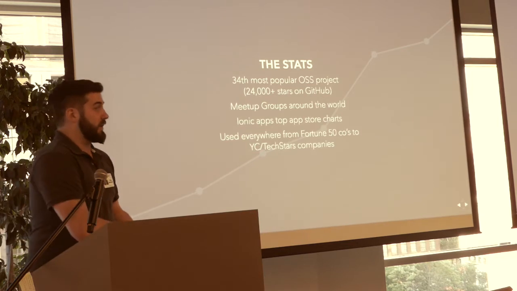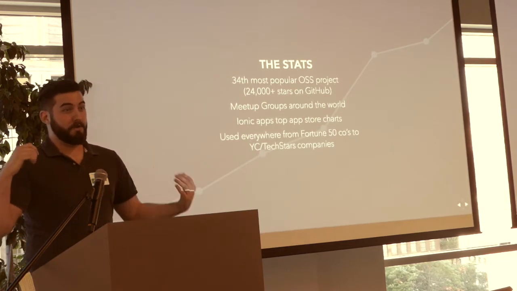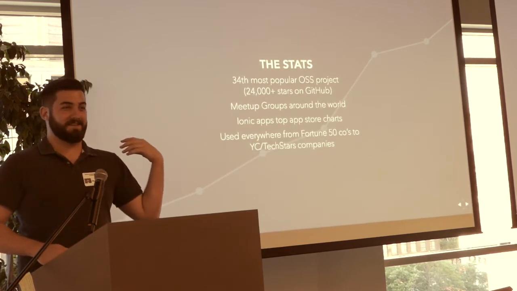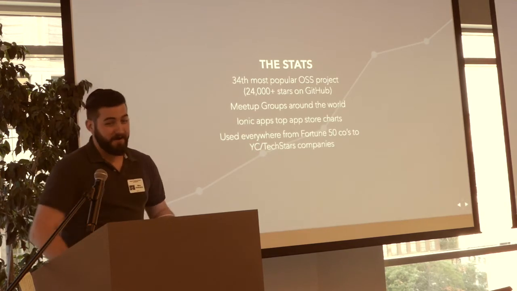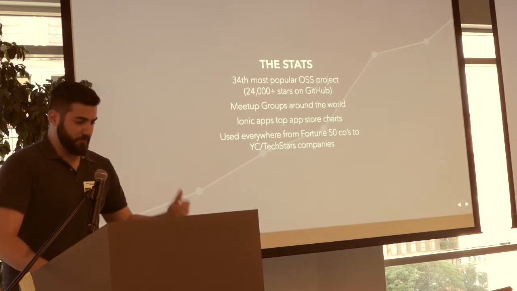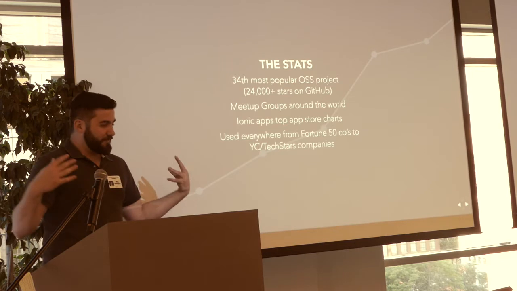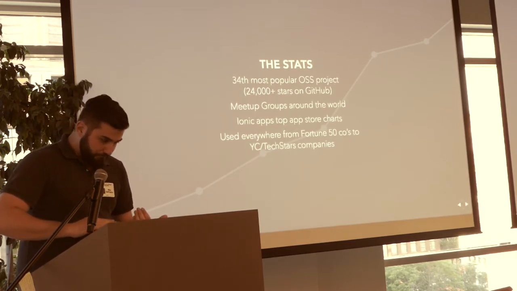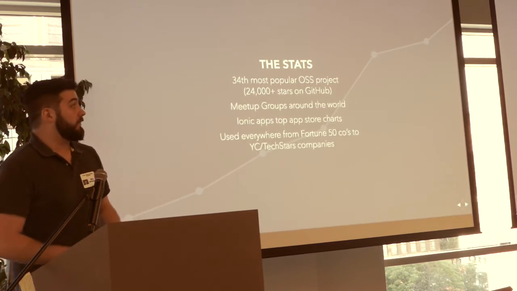We have an Ionic UK group, which is so far our most popular meetup group. We have an Ionic Italy. Really? Yeah. So low key. We have an Ionic Paris, Ionic Canada, Ionic San Francisco for people who want to go to San Francisco for some reason. The point is that we have meetup groups all over. So the user group and user base is getting very large.